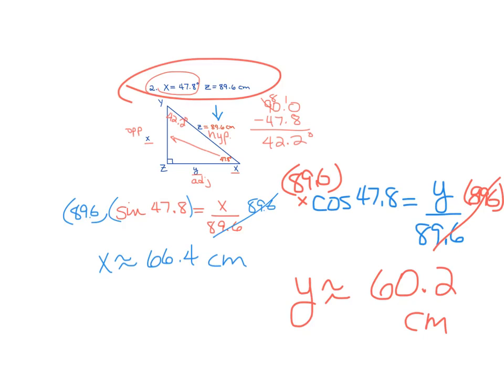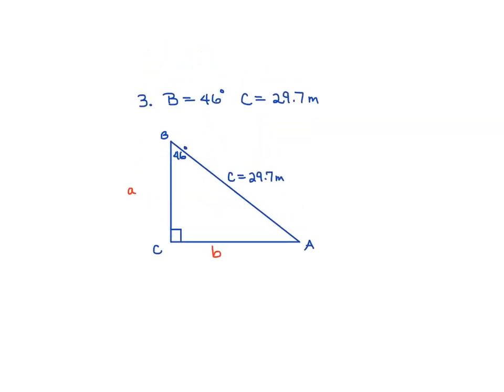All right, number 3. Again, we need to find two sides, lowercase a and b, and also angle A this time. Notice this time my angle is a whole number, an integer, so I just have to do 90 minus 46, and it's 44.